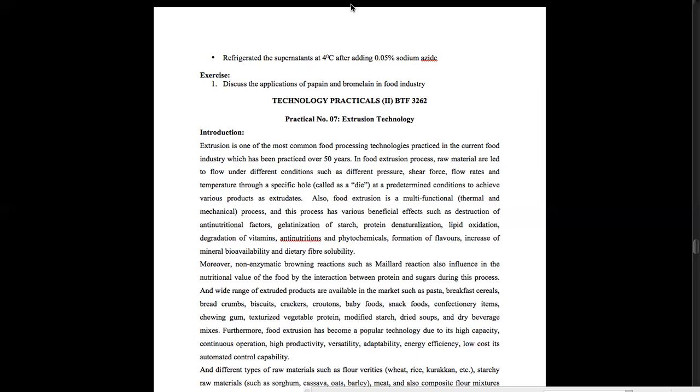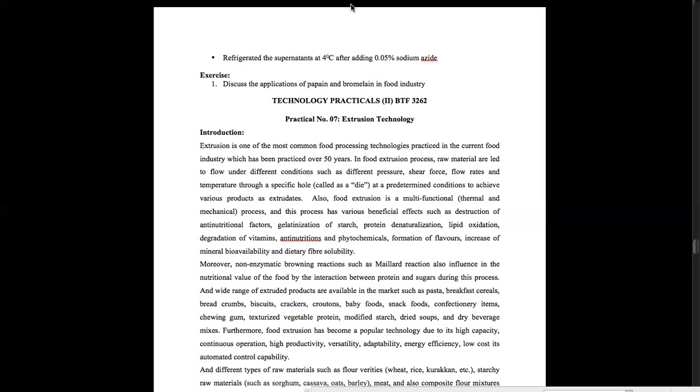Raw material selection and their qualities are very important, and so is how to determine the pressure, shear force, flow rate, temperature, and the die shape. Everything is very important. You know that we can provide temperature to the barrel, and we can increase or decrease it.